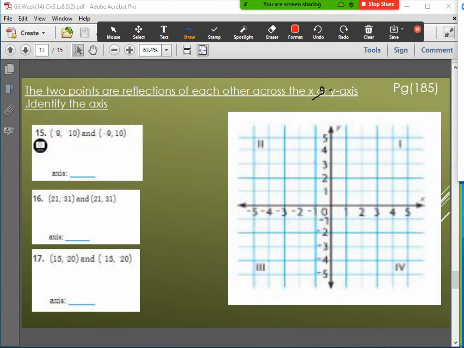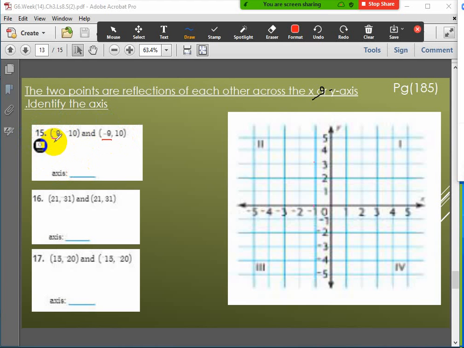Okay, Selma, open the mic please and tell me which coordinates are the same in those 2 points. Here, negative 9, negative 10. Here, negative 9, 10. Negative 9, negative 9. Those are the same, right?